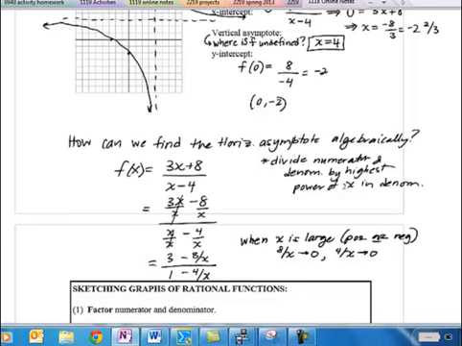If I take 8 divided by a large positive or a large negative number, I get something that's really small. If I take 4 divided by a large positive or a large negative number, I get something that's really small. So the idea is that this is going closer to 3 as x gets large positive or as x gets large negative.